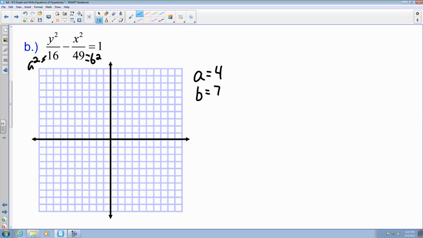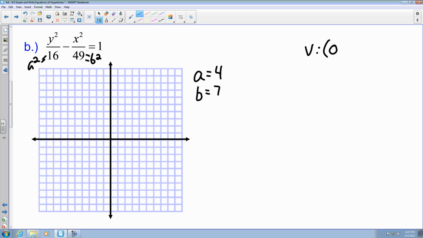So what we have here for our vertices, because now this is a vertical one, the hyperbola is going to be positioned up and down.